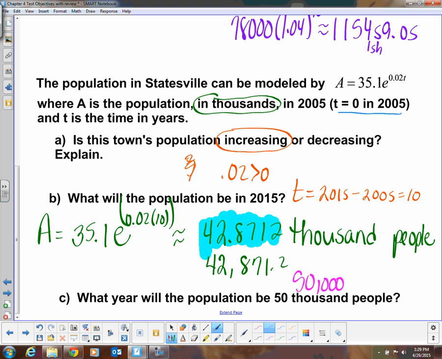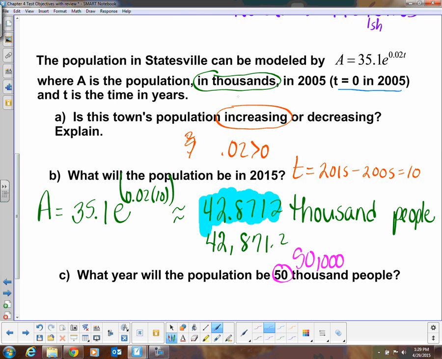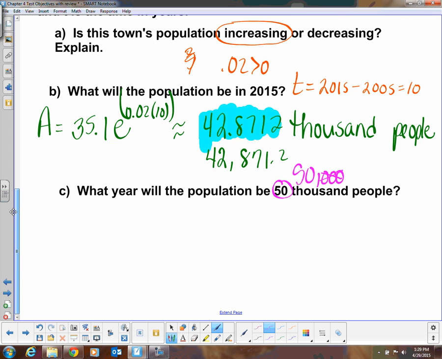Would you be substituting 50,000 in for A? No. You would only be doing 50 in for A because A represents what? In thousands. All right? So I'm just letting you know because I might have done that. So we're not going to do that. All right? So where does the 50 get substituted?